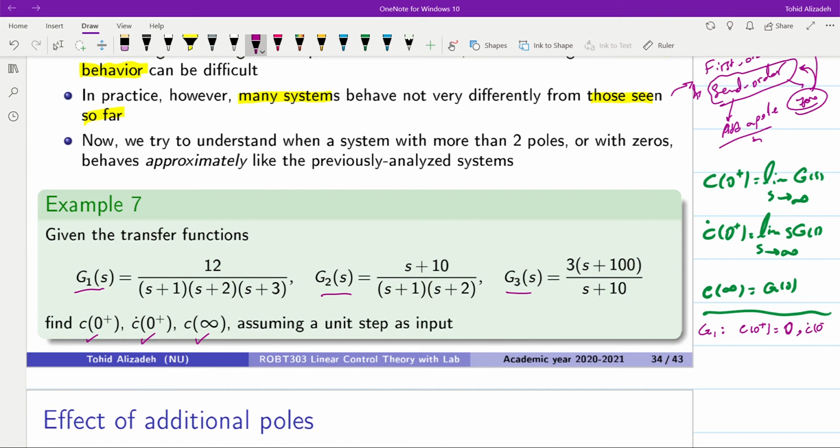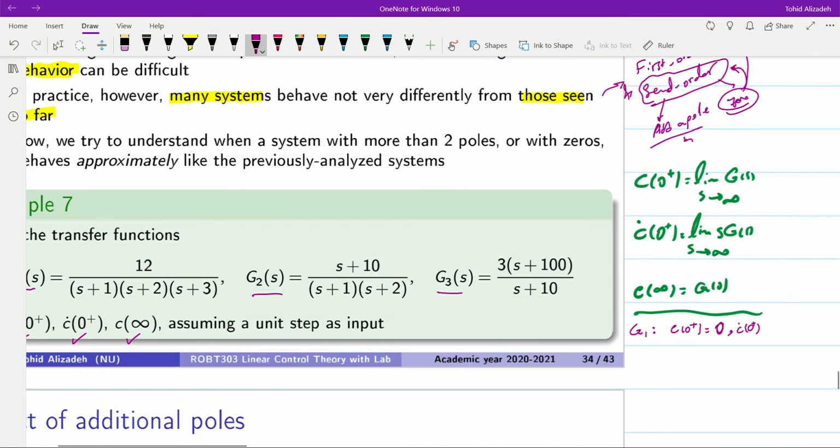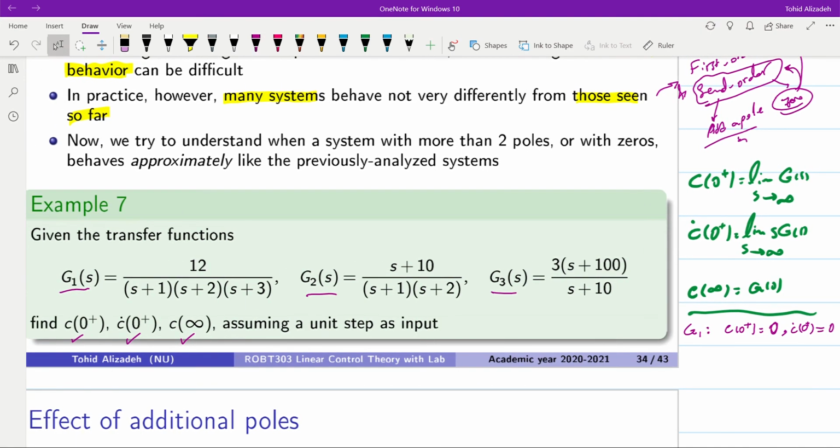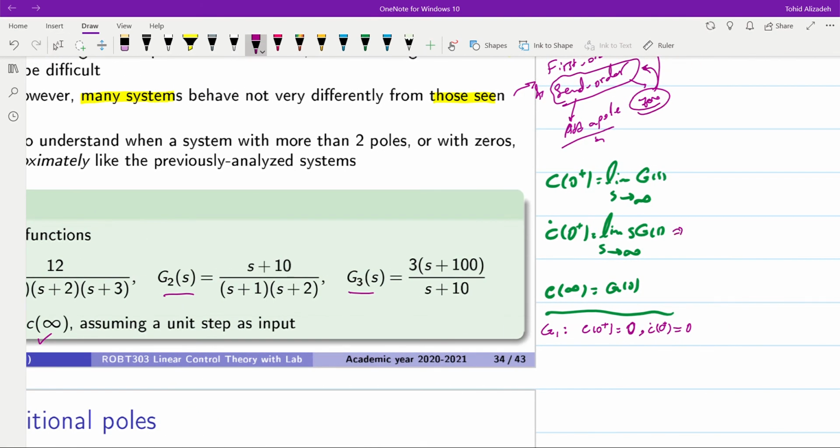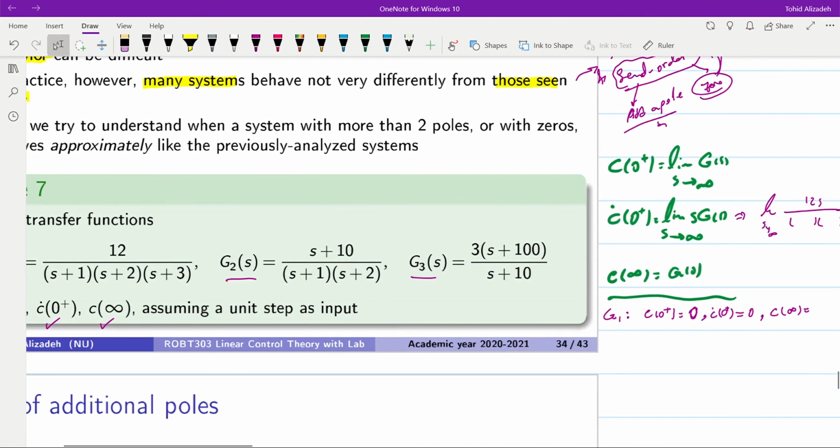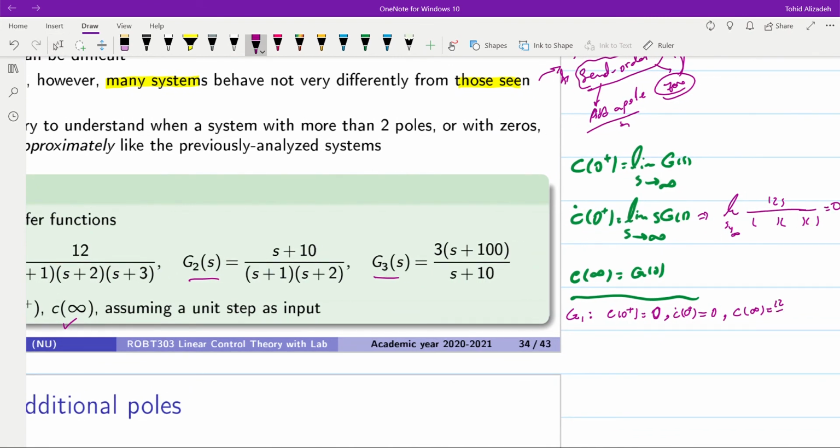C dot at 0 plus for this system will also be equal to 0, because we will have the limit of s going towards infinity, 12s over 3 terms. And this is equal to 0. And then c at infinity for the system will be equal to g at 0, and that's equal to 12 over 6, which is equal to 2.